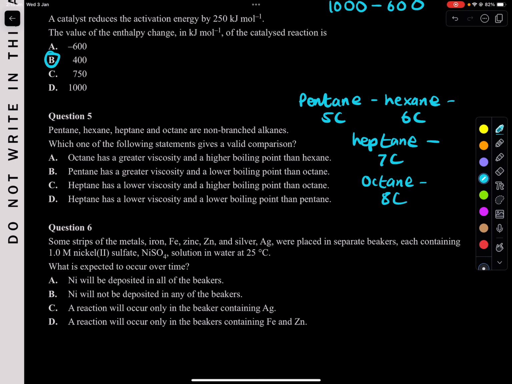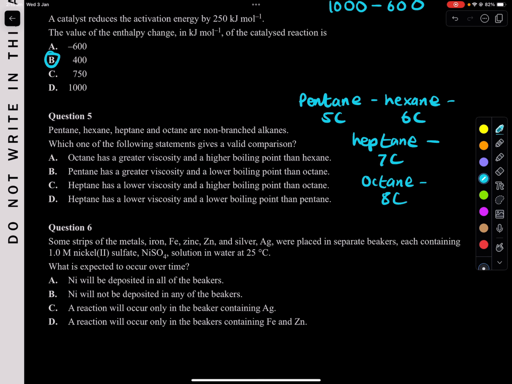No, octane has a greater boiling point because it has more carbons, and octane should also have a greater viscosity. So it cannot be B. Pentane has a lower viscosity and higher boiling point? It does not have a higher boiling point than octane, so we can get that wrong. Heptane has a lower viscosity and a lower boiling point? Heptane is larger than pentane, so it should have a higher boiling point. That's wrong. So only A should be suitable in that question.